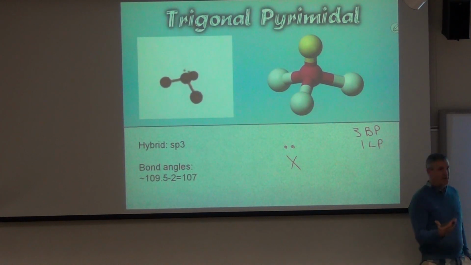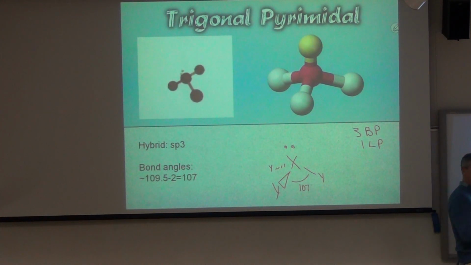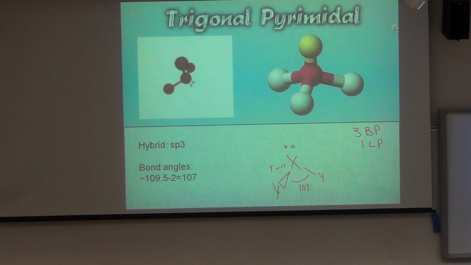Typically put the lone pair on top, but you don't have to. And the bottom is going to look just like it did before. Where those angles have shrunk just a little bit from 109 down to about 107.